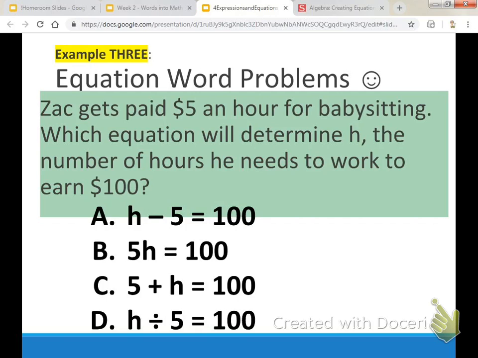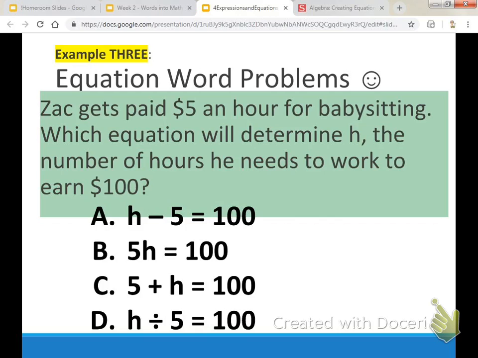So, how many people said it was A, hours minus 5 equals 100? How many people said it was B, 5 times the number of hours equals 100? How many people said it was C, 5 plus the number of hours equals 100? And how many people said it was D, hours divided by 5 equals 100? Good, you got it right.